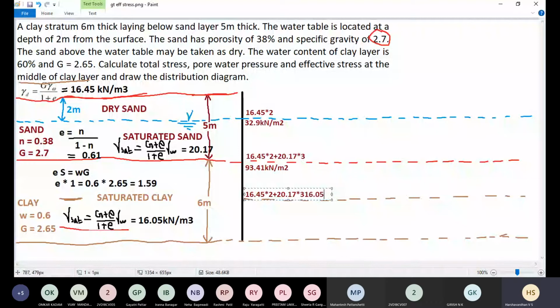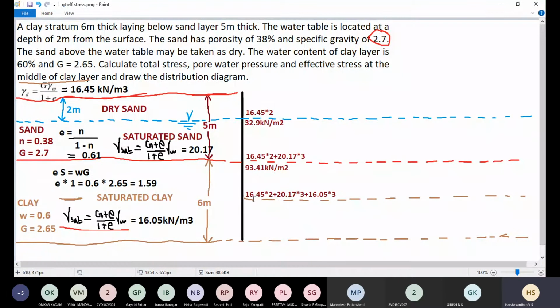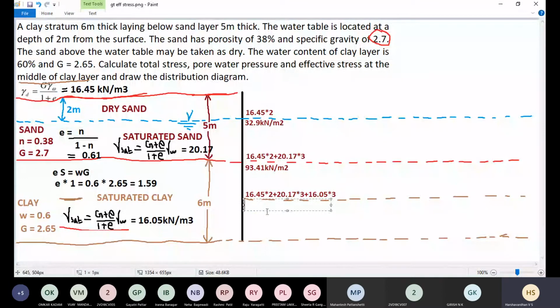Saturated clay unit weight is 16.05, and its depth is 3 meter. So please tell me what is the total pressure at the middle of clay layer. 141.56, and unit is kilonewton per meter square.